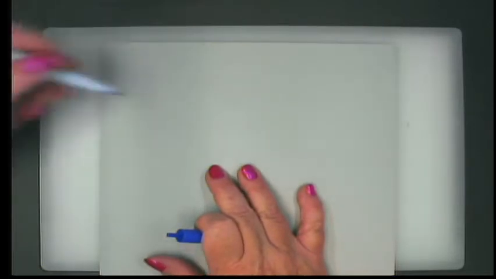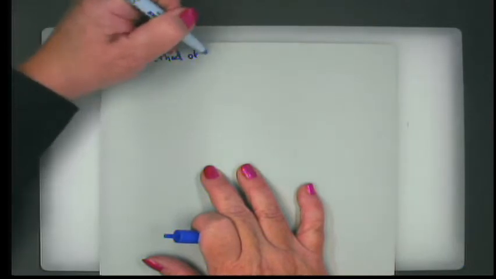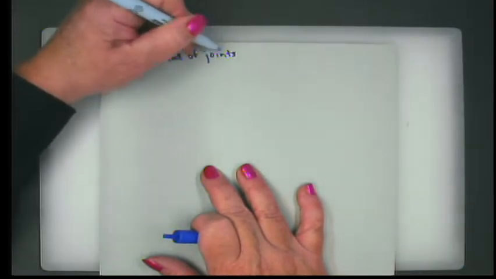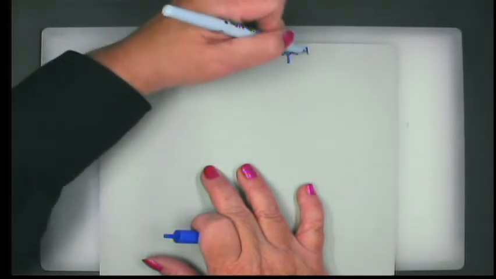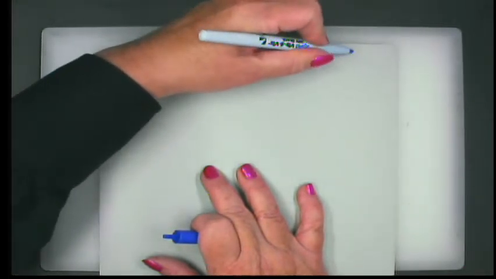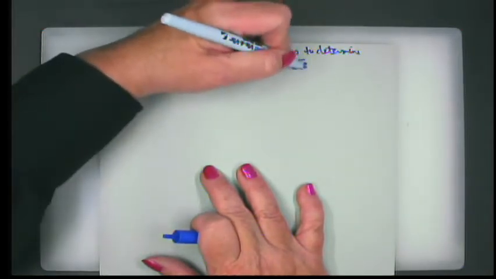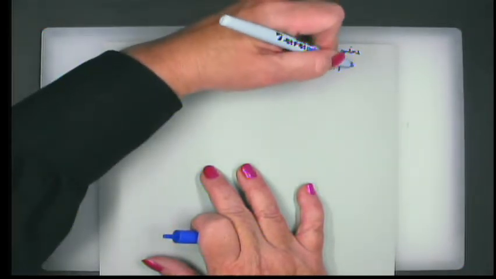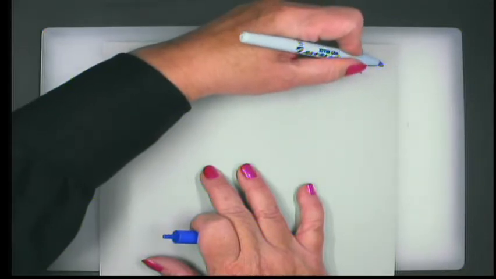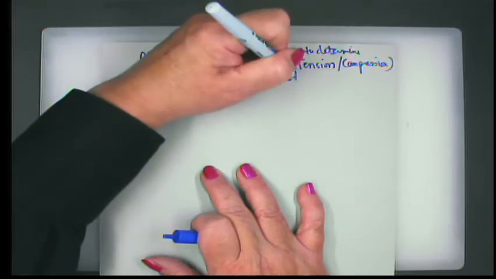So when we talk about the method of joints, what we are really talking about is analysis to determine load, and we're talking about tension or compression, and we're going to define all of these terms today in a structural member.